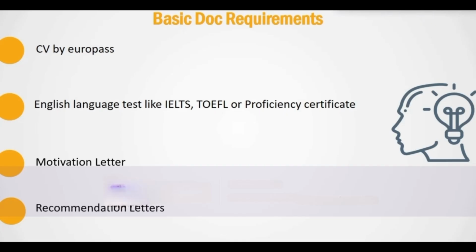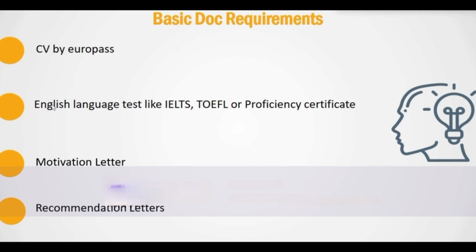For detailed description of these documents, actually every single document requires a separate video, but here we are not going in detail. We are just going to consider the basics. For example, if we talk about CV, then your CV should be around 2 to 3 pages at max, and it's better if you prepare your CV on the Europass website.